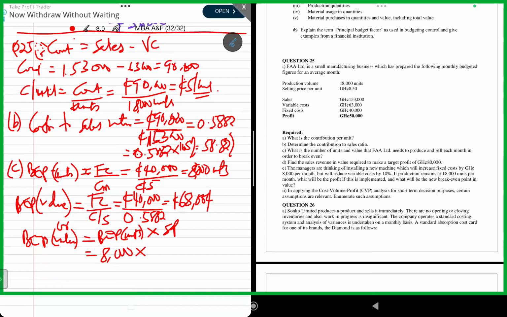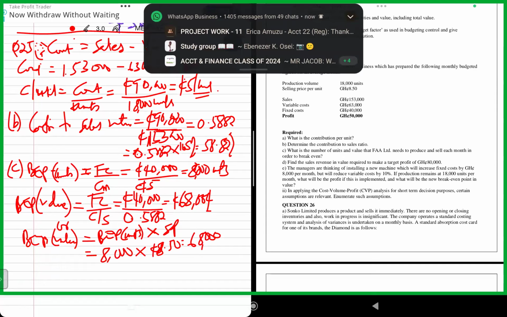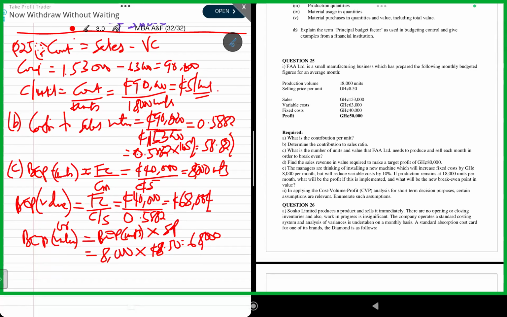The break-even point in units is 8,000. What's the selling price? 8.50 cedis. What do you have? 68,000. It's the same thing. We got the 4 because of the approximation, 0.588. If you use 5 decimal places, we'll get exactly 68,000. So you can use any of the methods.